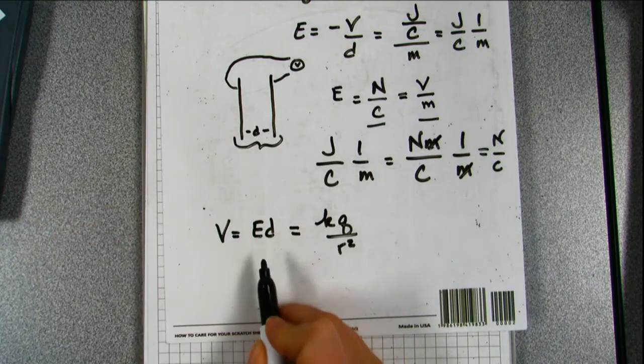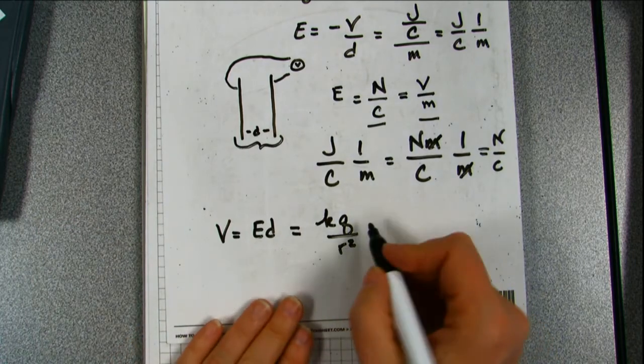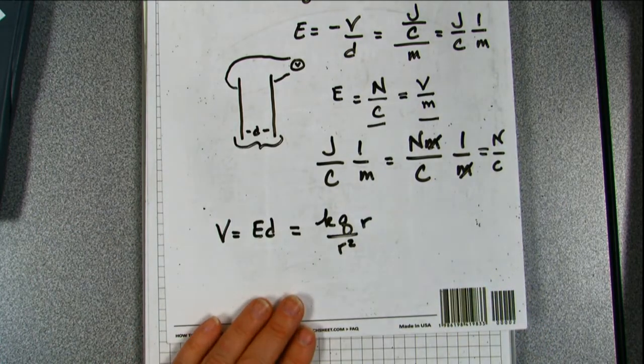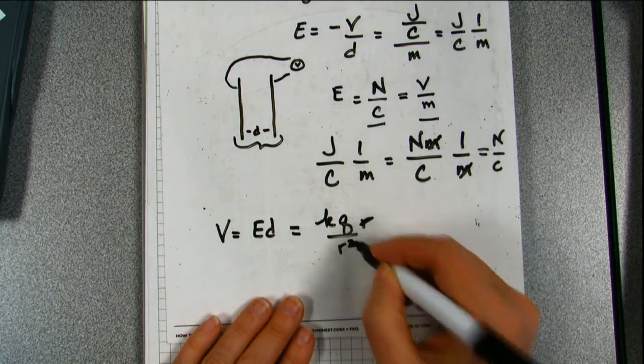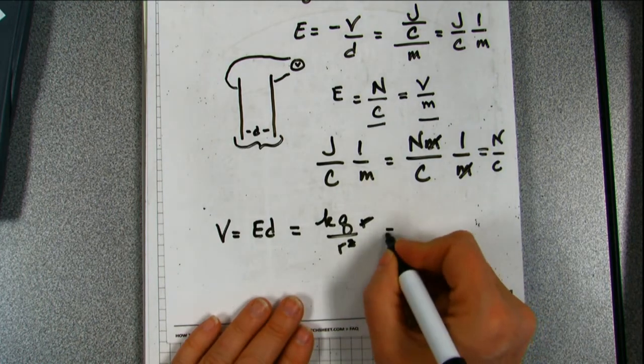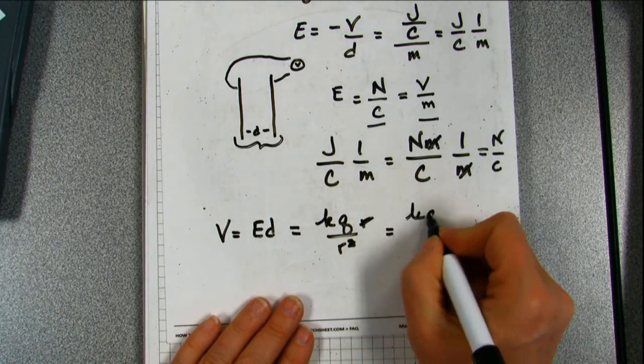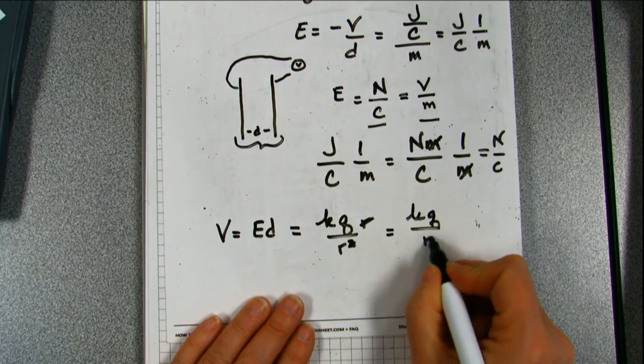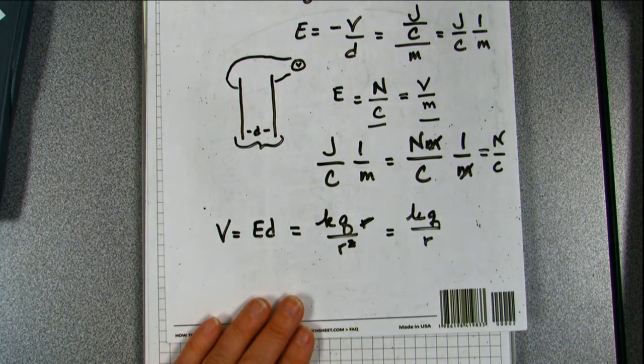And if I'm doing the distance and I'm doing this interpretation, that's going to be R. One of these R's cancels out, and now I'm going to have kQ over R. So this is one of those cases where I'm not going to go as 1 over R squared, I'm going to go as 1 over R.